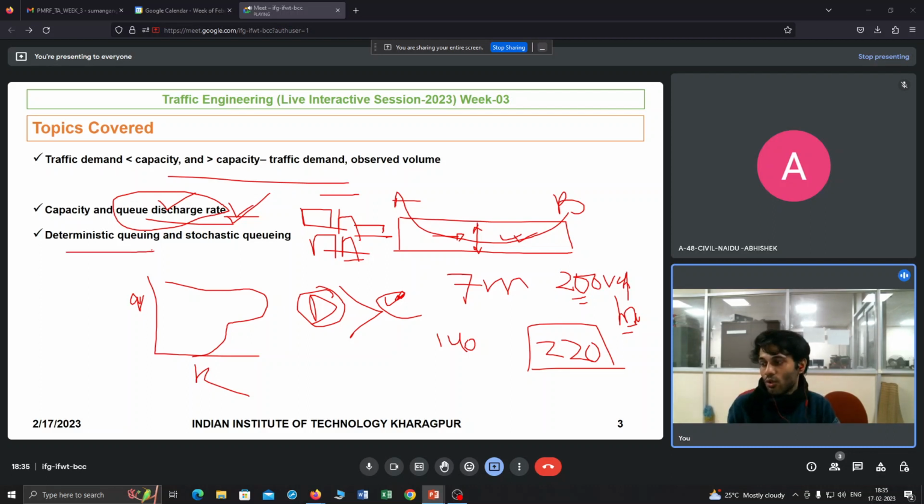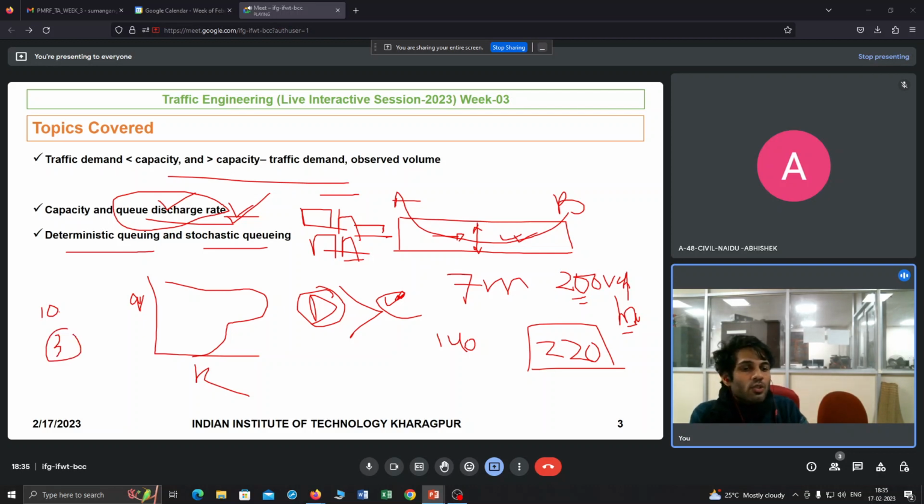Then there are also deterministic queuing and stochastic queuing. In real life, your vehicle arrival at a particular intersection, or suppose in toll booths, is not deterministic, meaning we cannot say that between 10 and 10:30 only 3 vehicles will arrive.